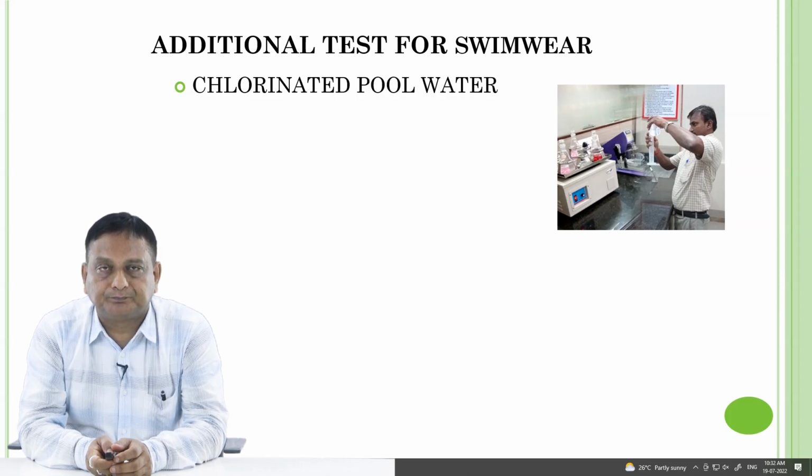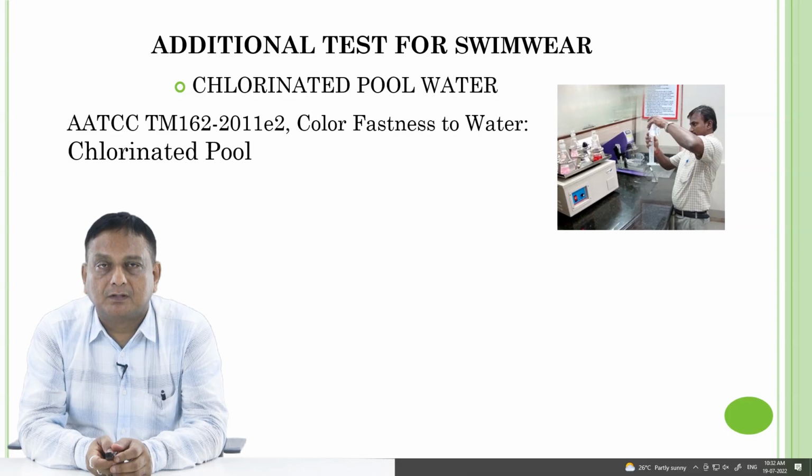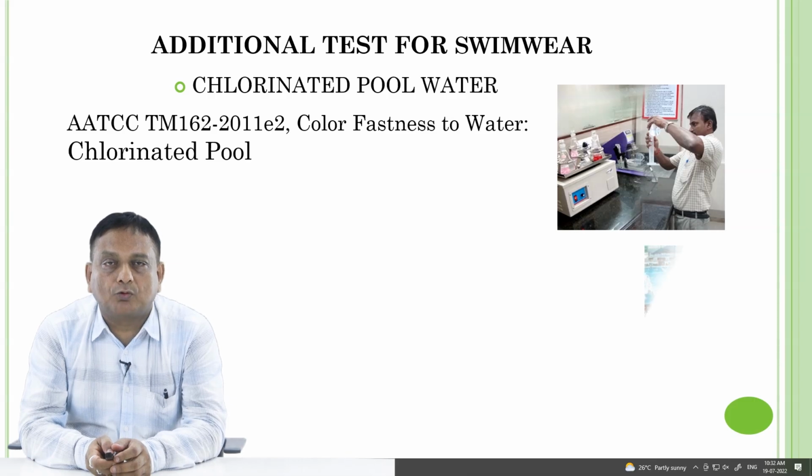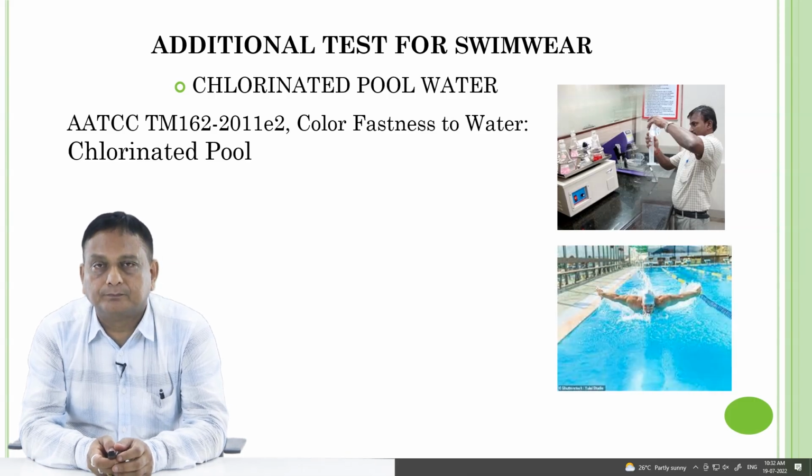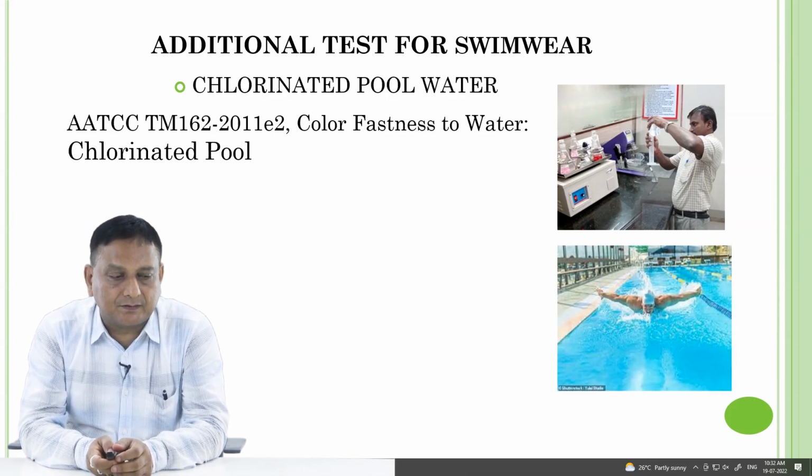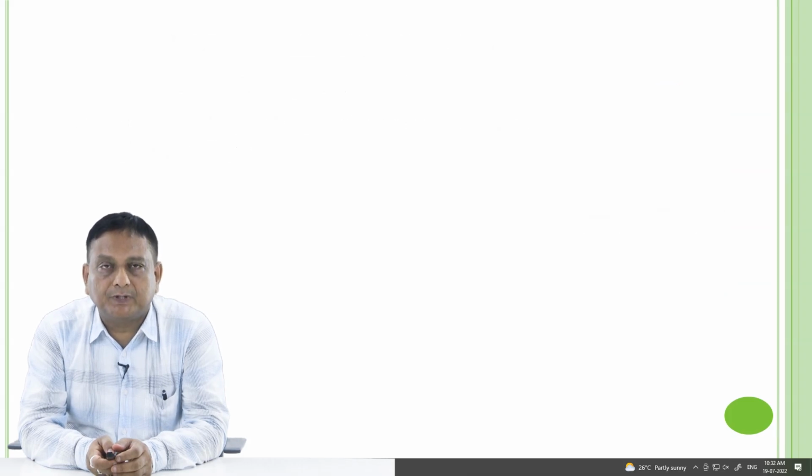So colorfastness to chlorinated pool water, because chlorine is used in different swimming areas or swimming clubs, etc. So chlorinated pool water is checked. The AATCC 162 method is there for checking colorfastness to water, especially chlorinated pool water. So these are the different areas of discussion which are to be carried out.